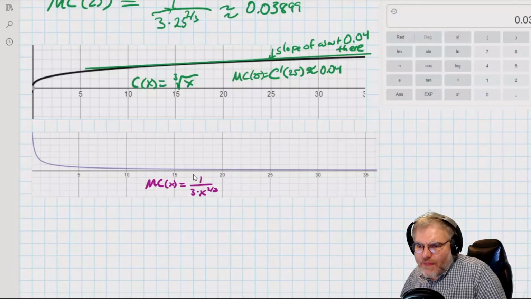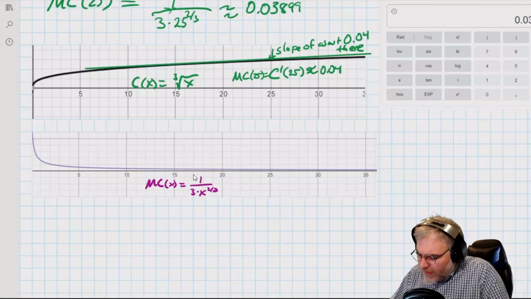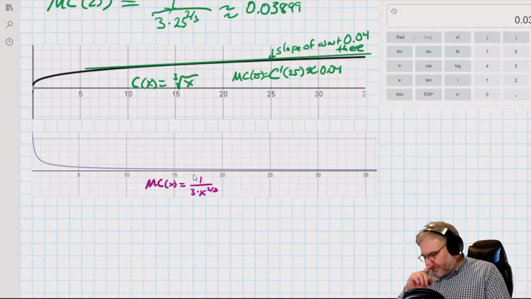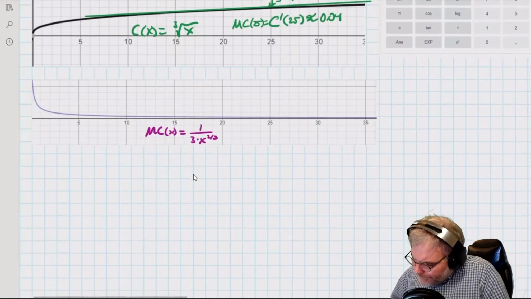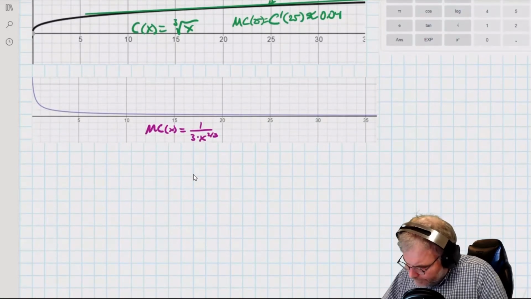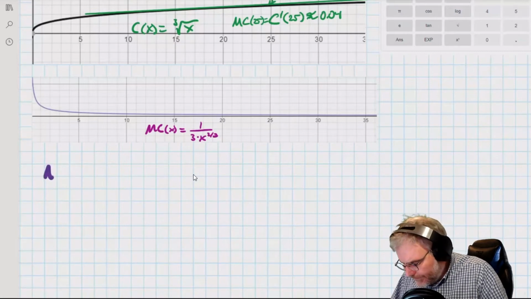How do we feel about that? So I've got 2 different graphs. All right. So the derivative, some notes on the derivative.